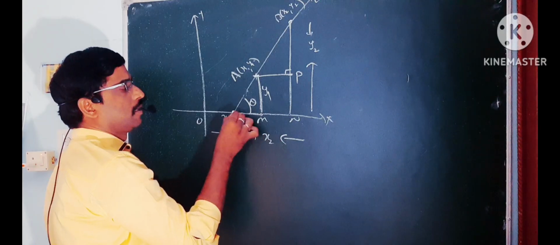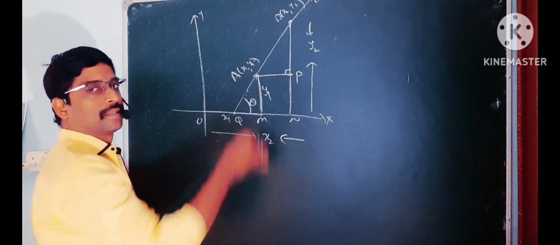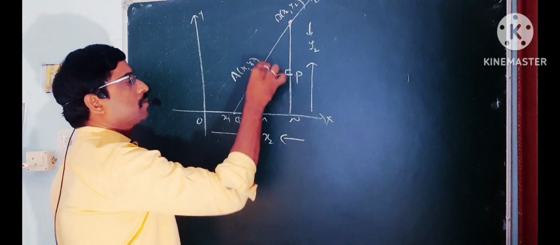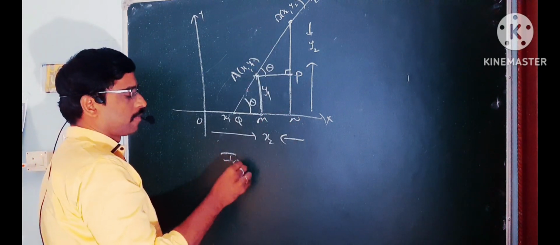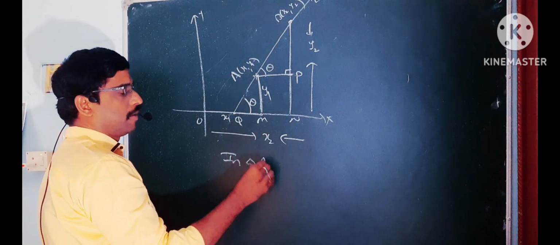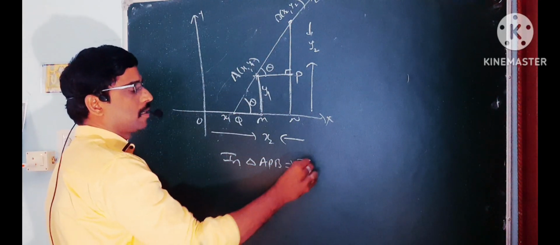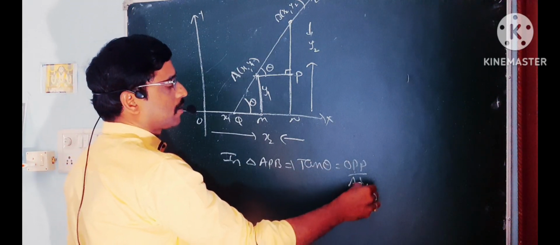This angle MQA is theta, and this angle is also theta here. Now in triangle APB, tan theta is equal to opposite side by adjacent side.